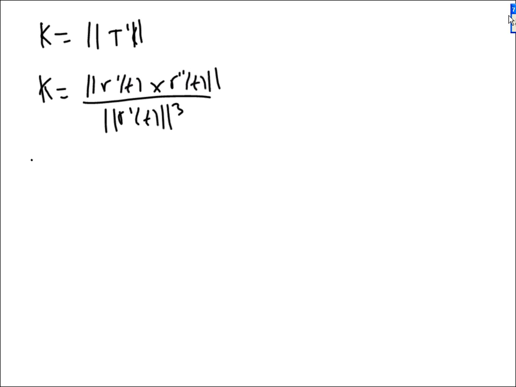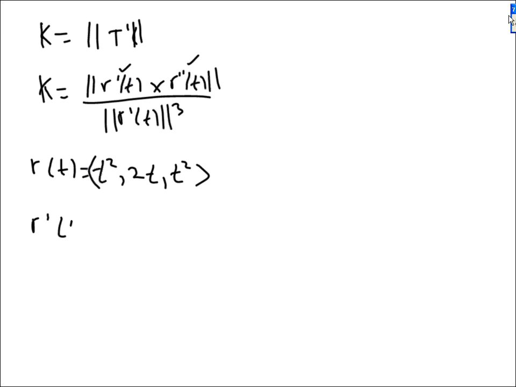So if they tell you that r of t is t squared, 2t, t squared, they ask you to find the curvature. What you can do is find r prime, r double prime, cross them.